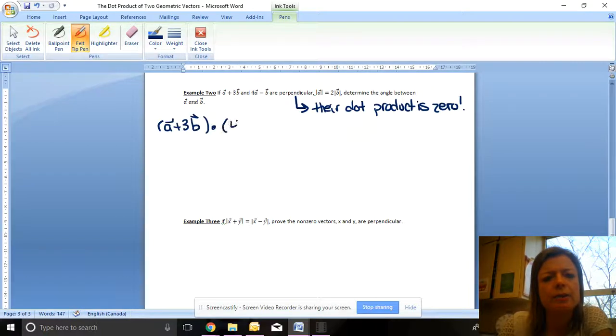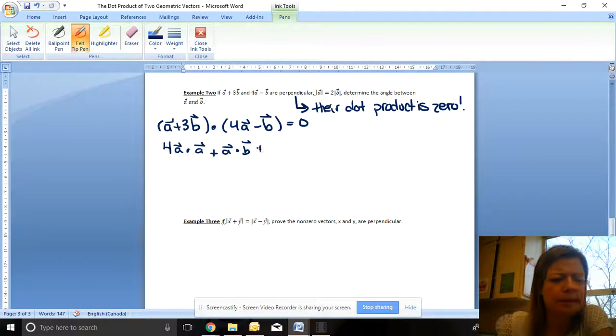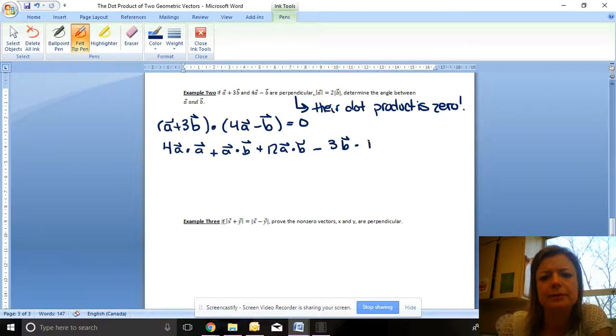Okay, so that means A plus 3B dotted with 4A minus B is equal to 0. So this means 4A dot A plus A dot B plus 12A dot B minus 3B dot B is equal to 0.